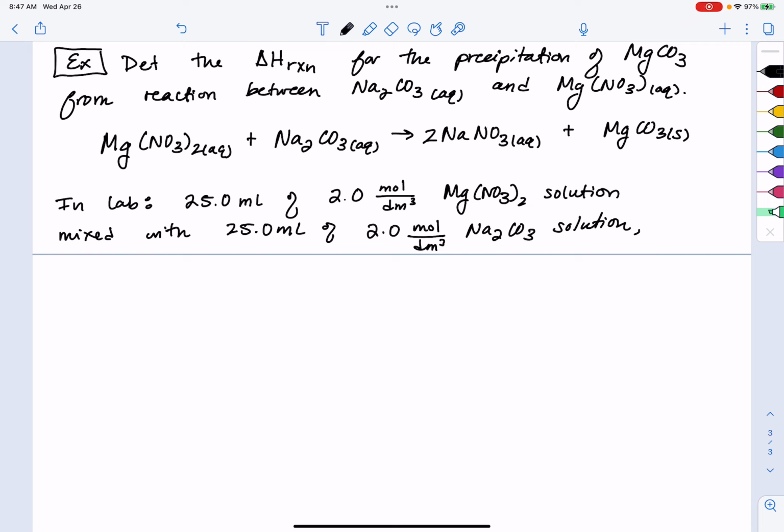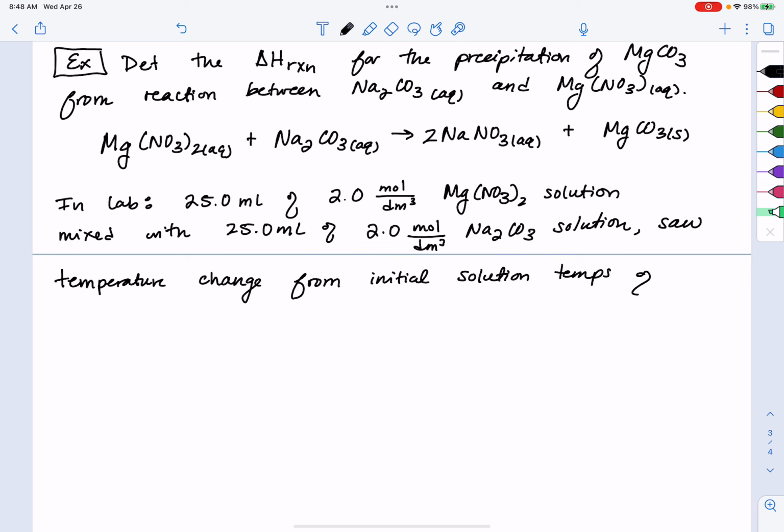And a temperature change from the initial solution temperatures of 25 degrees C to a final product temperature of 19 degrees C.